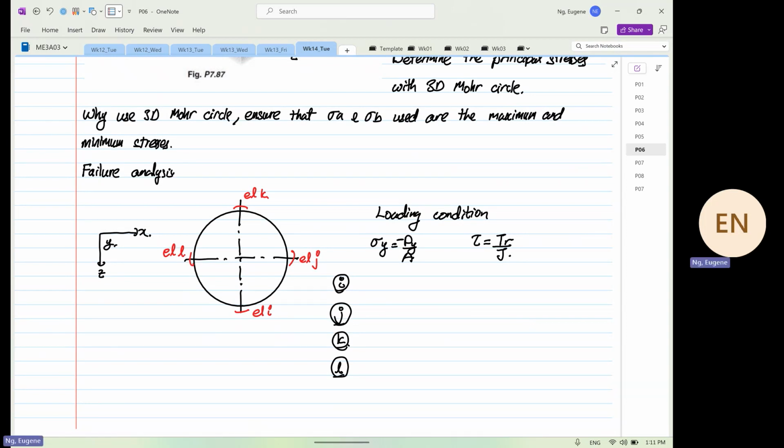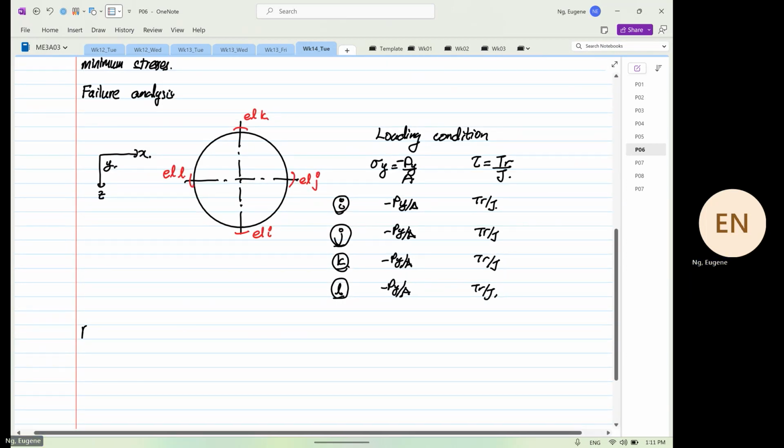Is it element I, J, K, or L? Anyone? All of them see minus P over A. All of them see Tr over J. Where will failure occur? It all depends on where there are impurities. It does not matter which element you pick. So I put down here, does not matter.